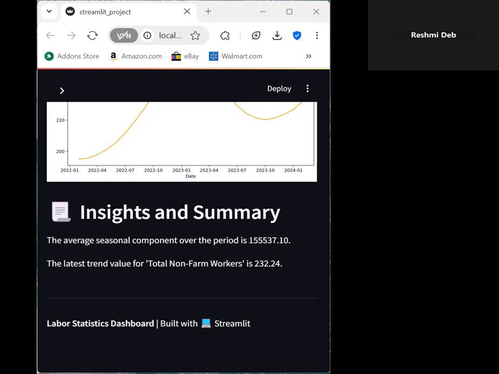This will be useful for me in future when I can apply my forecasting skills to make predictions about different data.